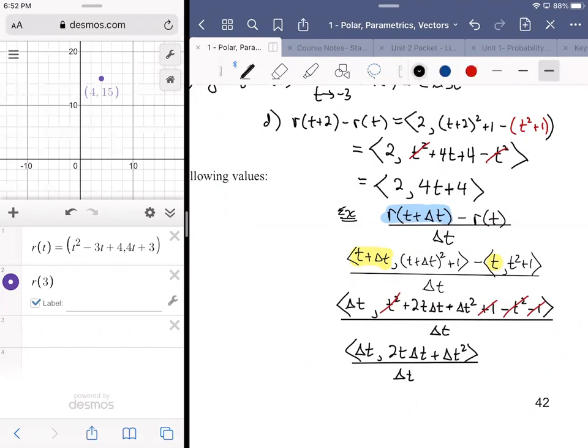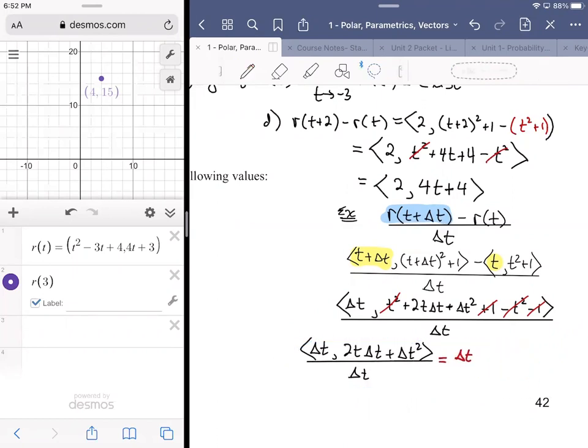So I'm going to factor out the delta t, right, on the top. When I pull that out, that's going to give me a 1 and then a 2t plus delta t. And that whole thing is over the delta t that was already there.